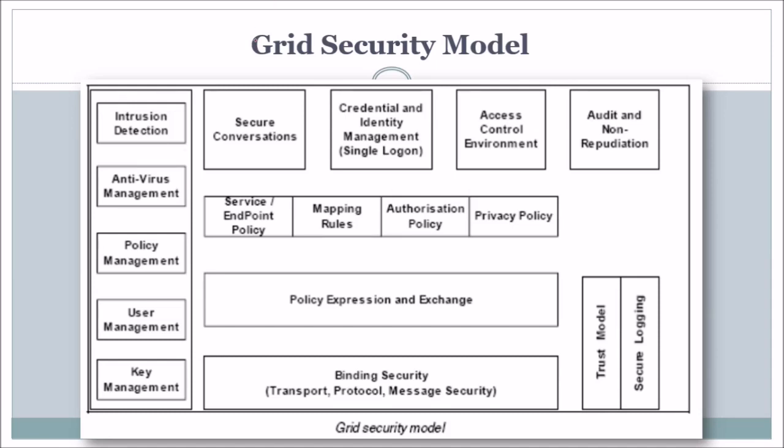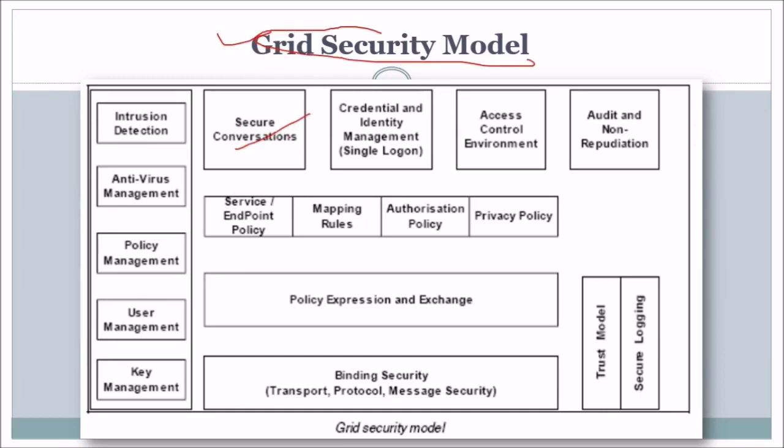This is the grid security model, because actually you are giving your data or information to certain systems which are doing your computation, and this is on the internet or your network or whichever way, because you have to give it to some other system. For that you require great grid security. So this is the grid security model.